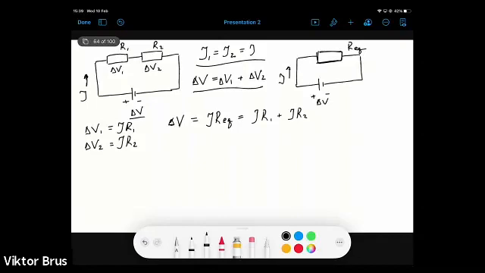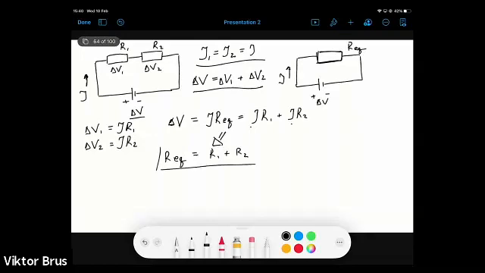Since the electric currents are the same, we can cancel them out, and from here we get the expression for the equivalent resistance of two resistors connected in series. It will be R1 plus R2.